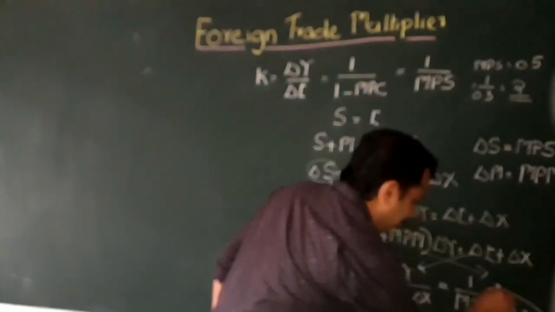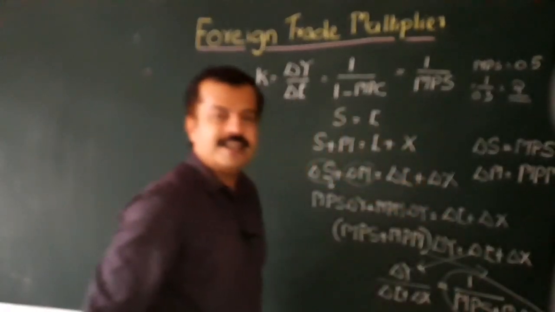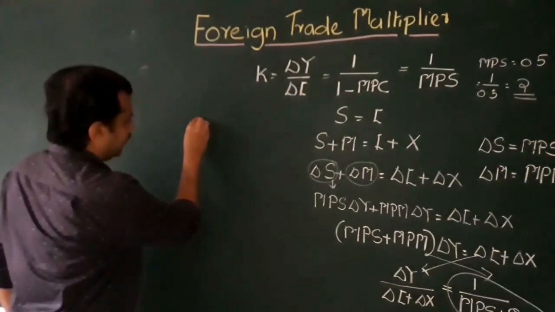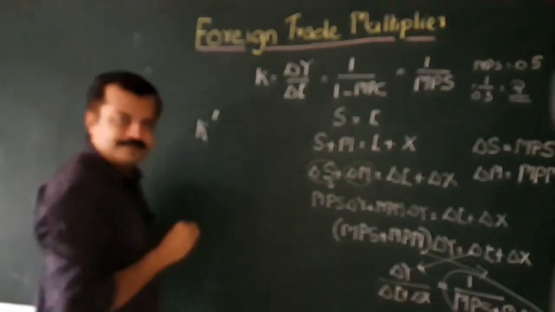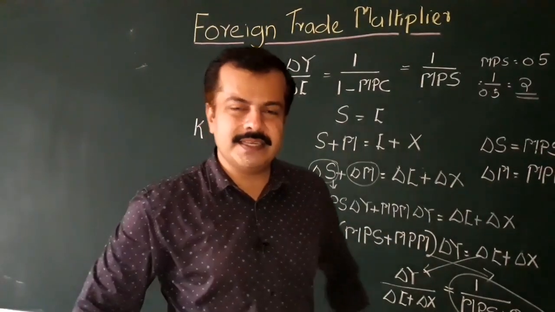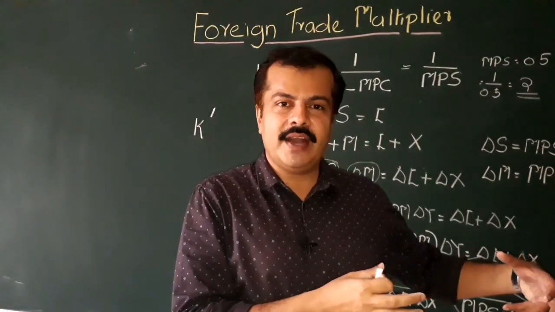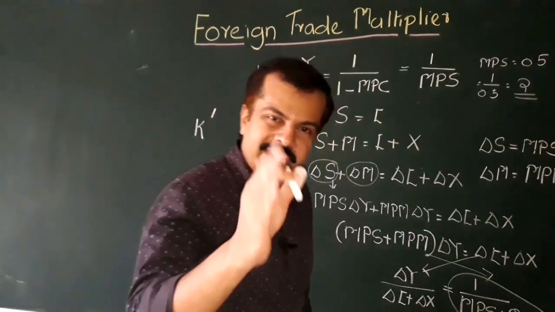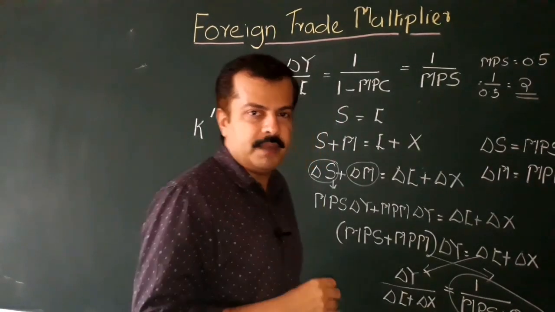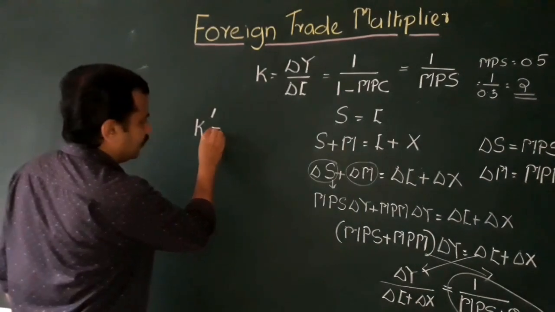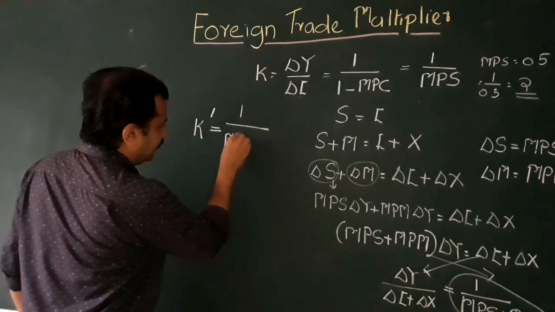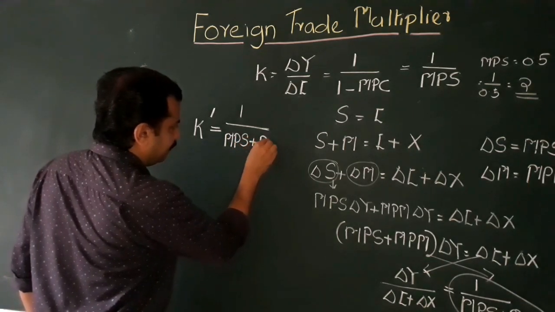This is nothing but the foreign trade multiplier. So what is foreign trade multiplier? We have K, let me call it as K dash. K is usually represented to identify the multiplier in a closed economy or the investment multiplier. So we have K dash to represent the foreign trade multiplier. K dash is equal to 1 by MPS plus MPM.